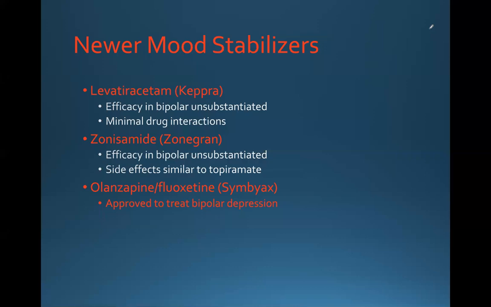What we've seen is that people thought, okay, let's combine an antipsychotic and an antidepressant. Symbyax has been done, so you're getting the benefit of an atypical antipsychotic and an SSRI. The biggest thing with Symbyax is that the fixed doses limit you if you need a little bit more of the olanzapine or the fluoxetine.